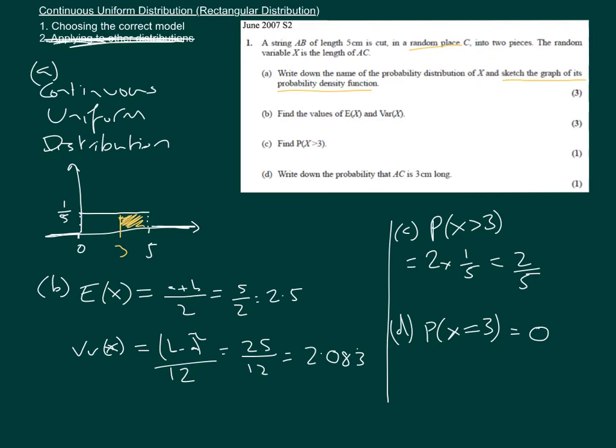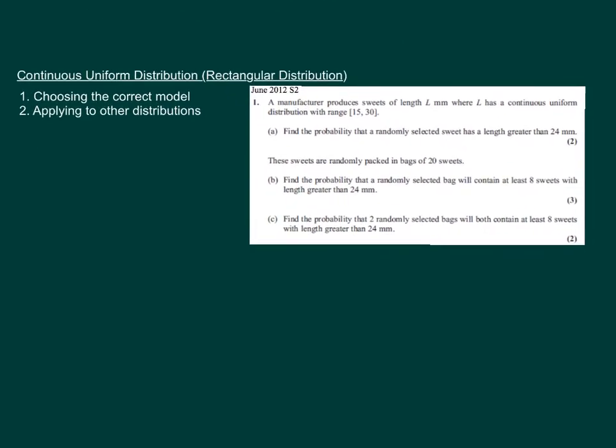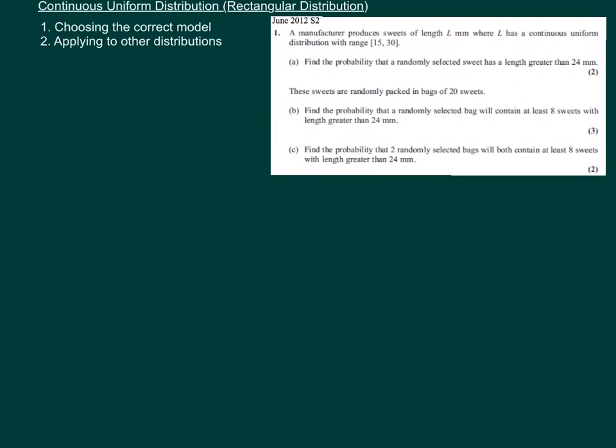Okay, so now let's move on to the second type of question that I want to cover, and that's where we are applying the continuous uniform distribution to other types of distribution that come up in this statistics module. So let's get straight into the question. A manufacturer produces sweets of length L millimeters, where L has a continuous uniform distribution with range 15 to 30.